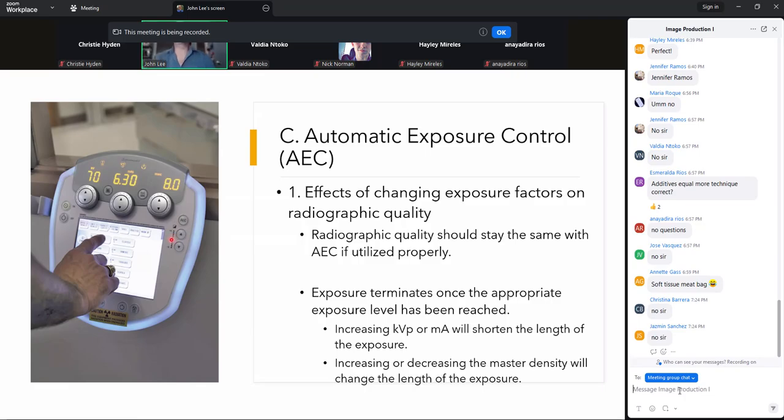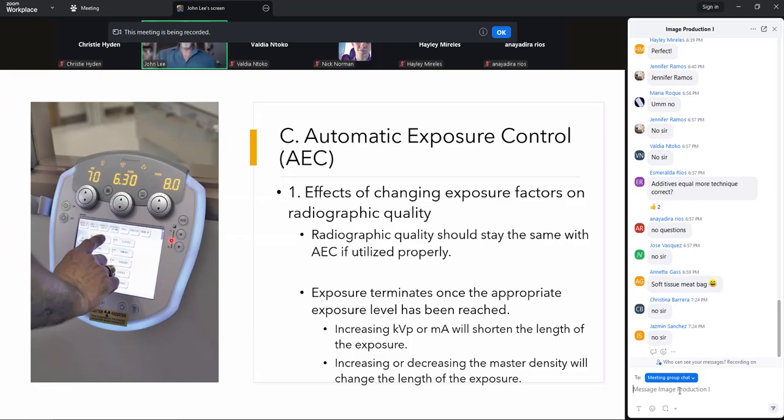This one goes to a +5 and down to a -5. A lot of the systems are set up so they're sitting at 0. In some instances, we may want to step up to a +2 or step down to a -3, depending on the patient and what the exam requirements are.